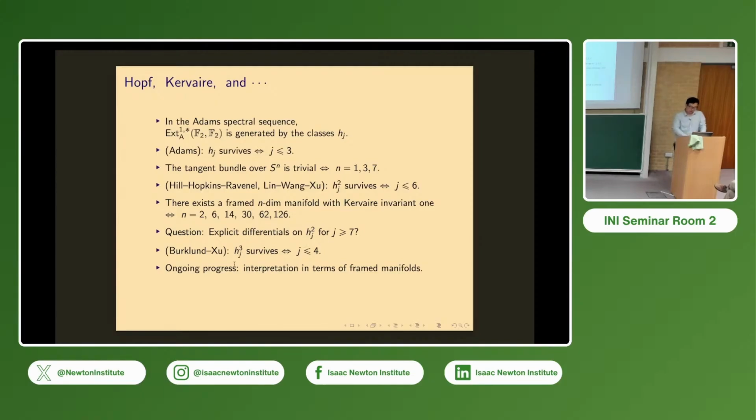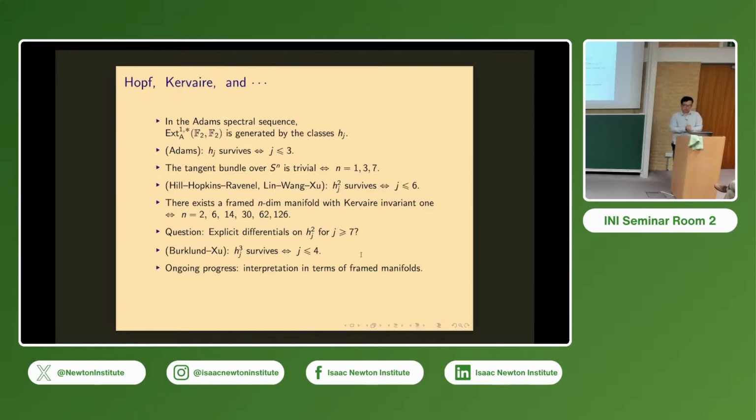For example, this result would be trying to say that there are framed manifolds with certain structure, the certain is still unknown, that only happen in the dimensions where this hj cubed survives, which is 3 less than 3 times a power of 2.